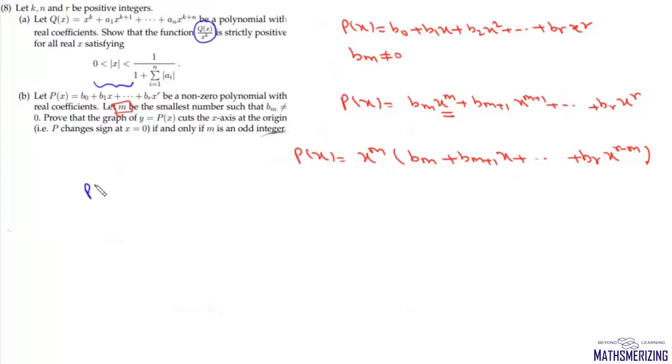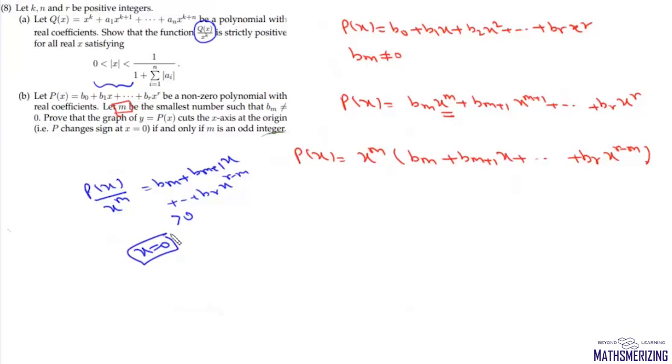So it simply means px upon x to the power m, which is bm plus bm plus 1x plus br x to the power r minus m, is positive in the neighborhood of x equals to 0.